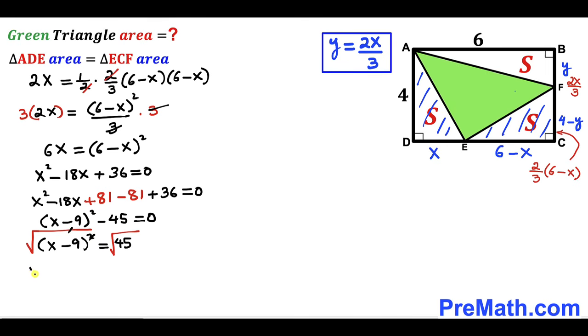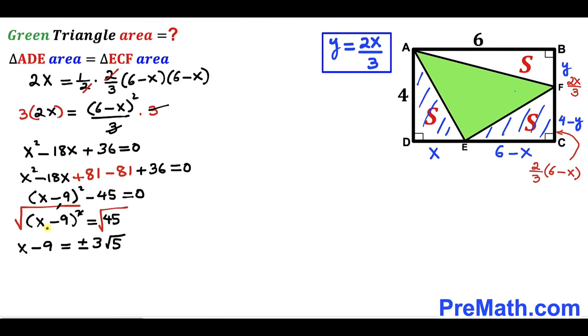So we ended up with x minus 9 on the left hand side is going to be equal to positive or negative, and this 9 times 5 could be written as 3 times square root of 5 on the right hand side. And now I'm going to move this negative 9 to the other side, and bear in mind that x must be between 0 and 6, and here we got two signs, positive and negative.